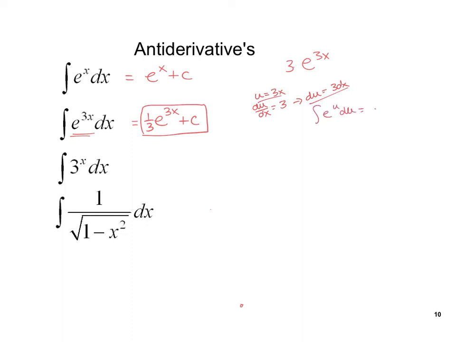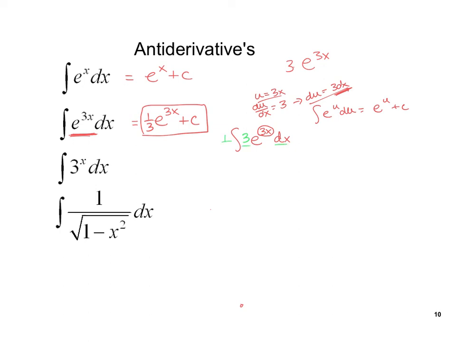Well, we just know it's going to be e to the u, right? Plus c. Well, we don't have an e to the u du, because if it would be, this would have to be e to the u, which is 3x dx. The u is 3x. And then du is 3 times dx. So you literally would have to have a 3 right here, so it would be 3 times dx.